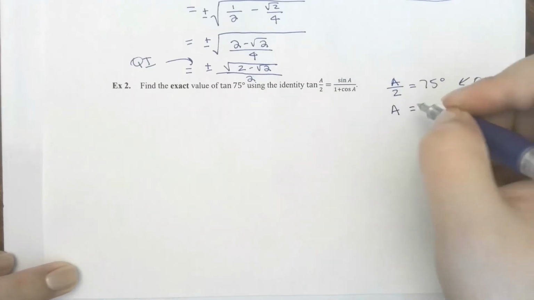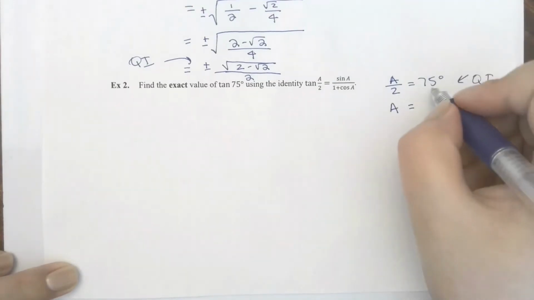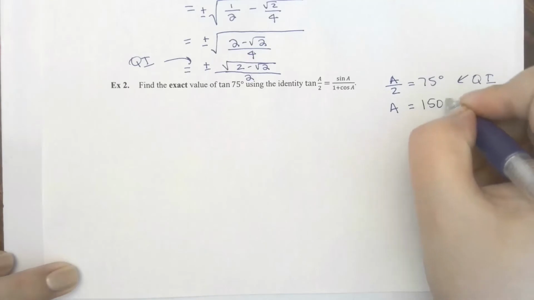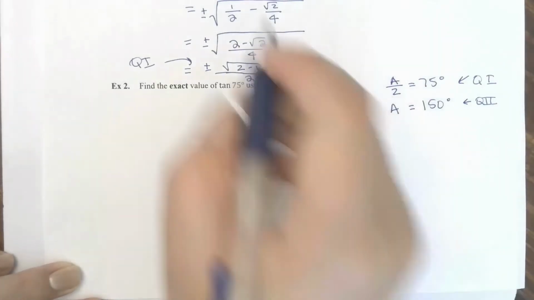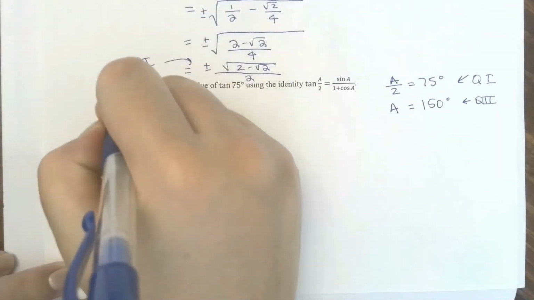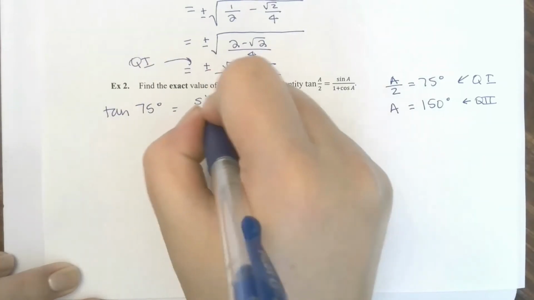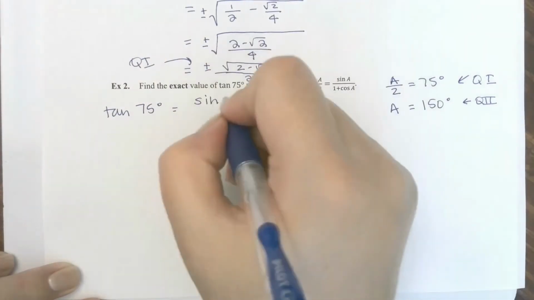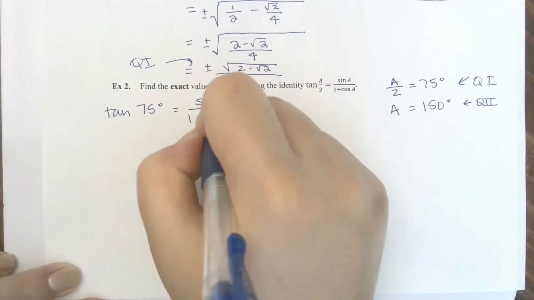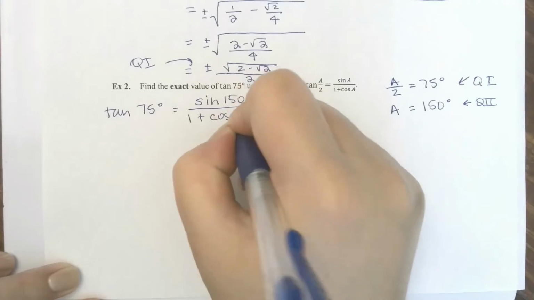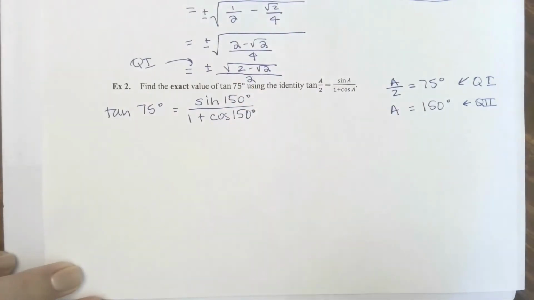Then A would be 75 times 2, which is 150 degrees, in quadrant 2. Using this identity, tangent of 75 degrees is equal to sine of 150 degrees over 1 plus cosine of 150 degrees.